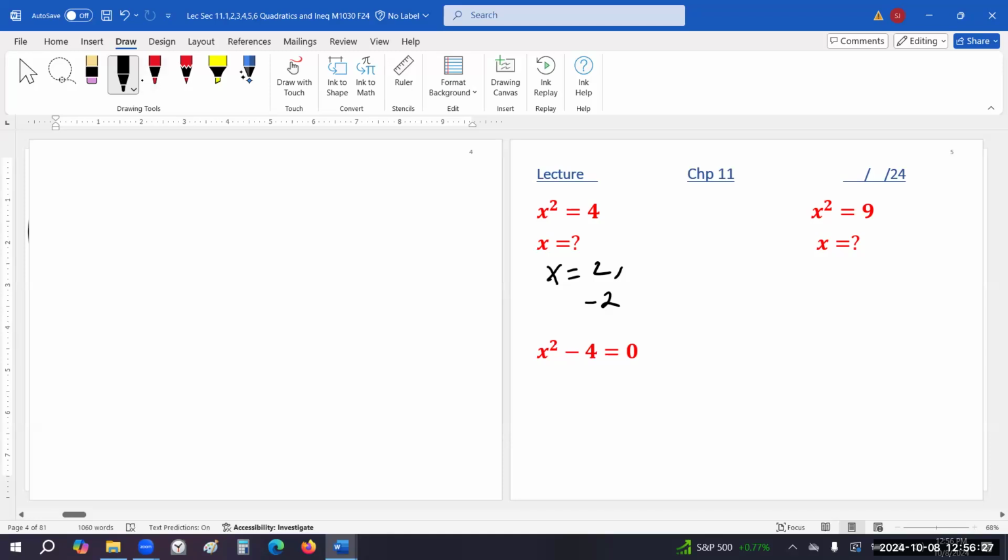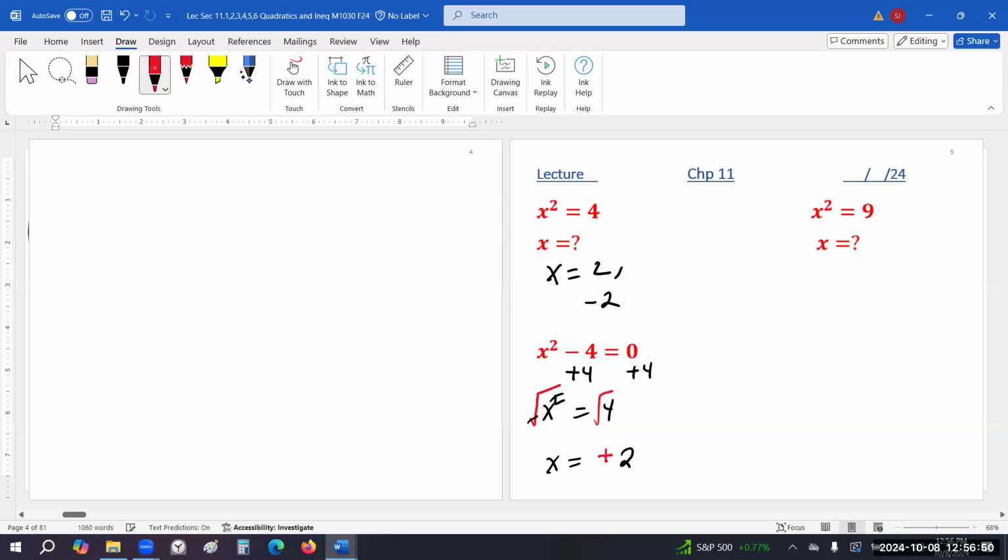For example, if I try to solve this algebraically, we add 4, so x squared is 4. And then what do you do to get x? Not divide, you take the square root. So the square cancels out. We get 2, but it's not done.